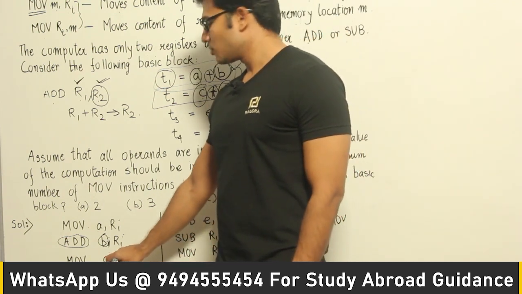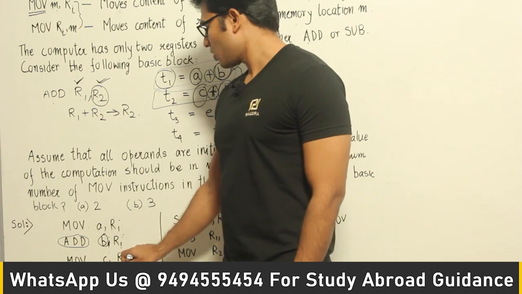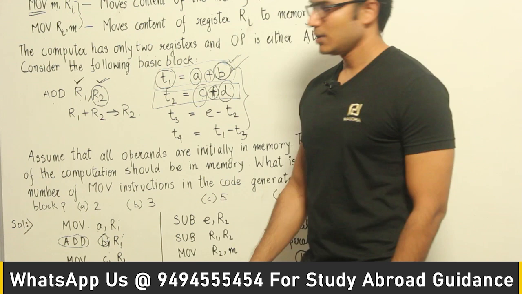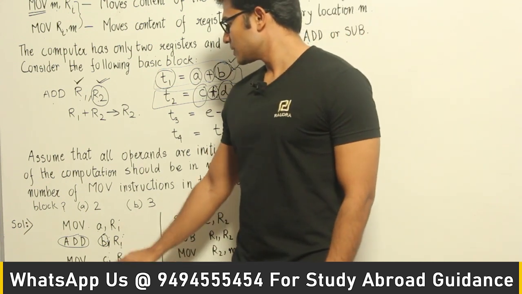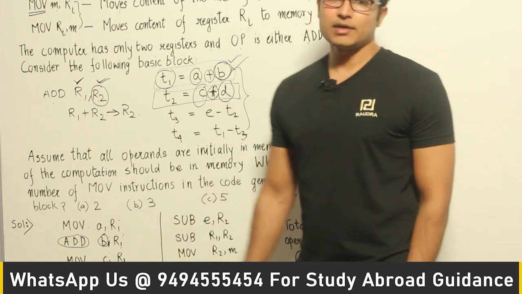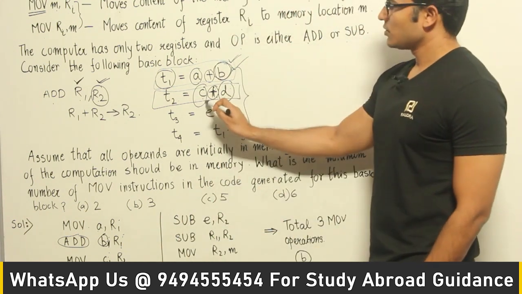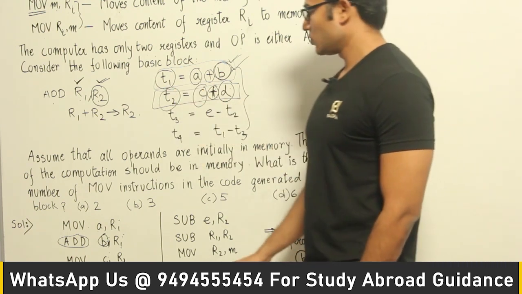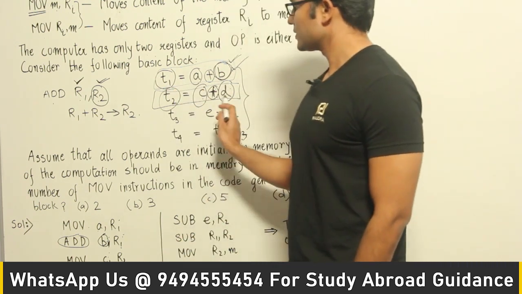It is directly going to load D and add it to whatever is already present in R2. So since R2 is already containing C, it is going to add D to C. Therefore R2 is going to finally contain C plus D, which is T2. Got it? So T2 is now C plus D.